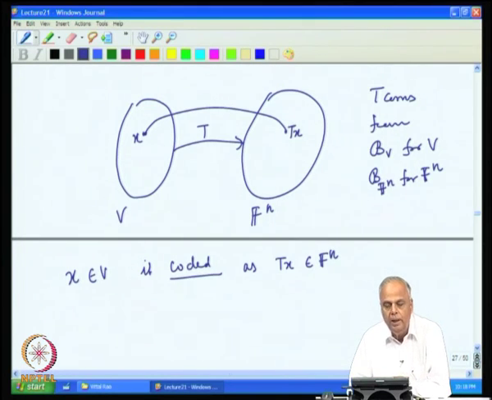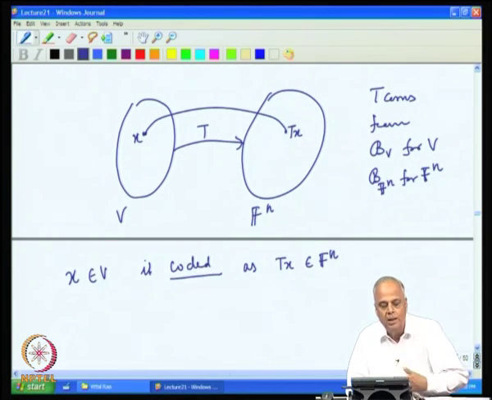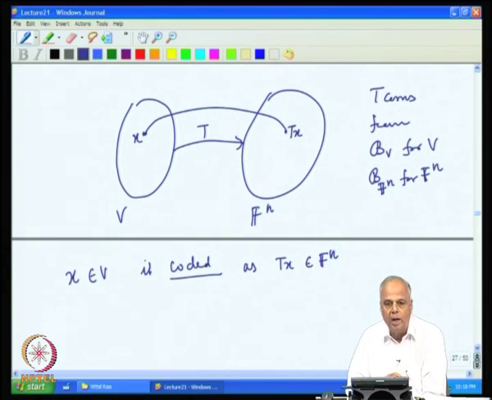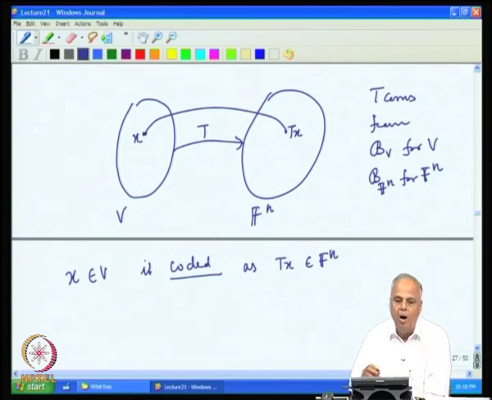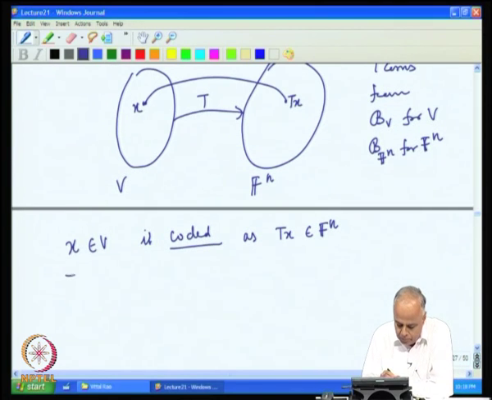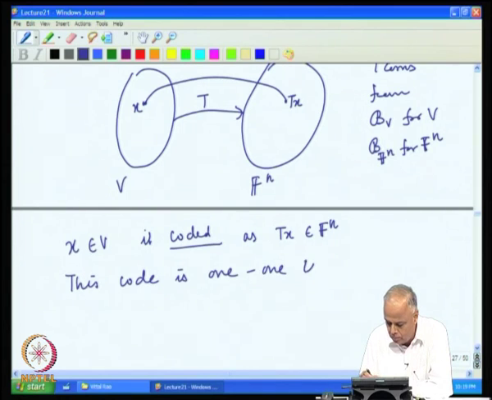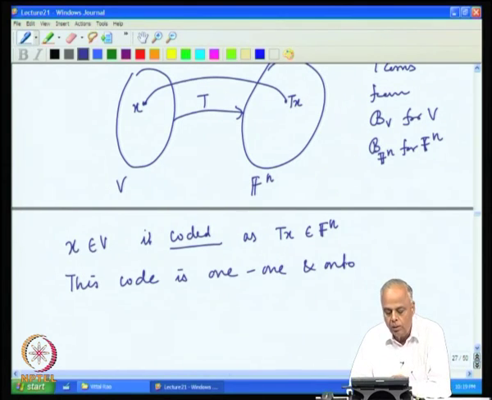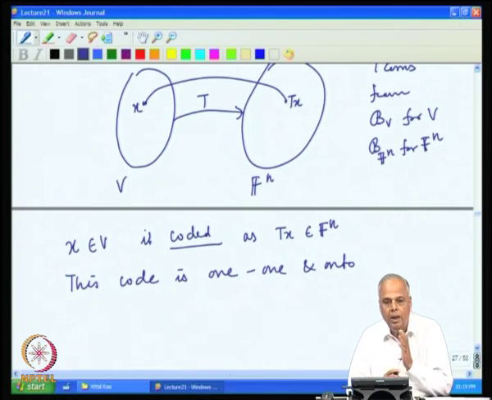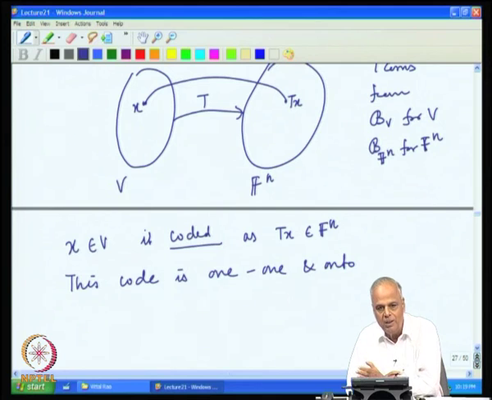And since T is 1-1, this coding is without any confusion. Distinct vectors get coded as distinct codes, and onto means all the codes are exhausted, that is every vector in F^n is an encryption of a vector in V. So, this code is 1-1 and onto, and therefore, there is a translation of the language of V to the language of F^n.